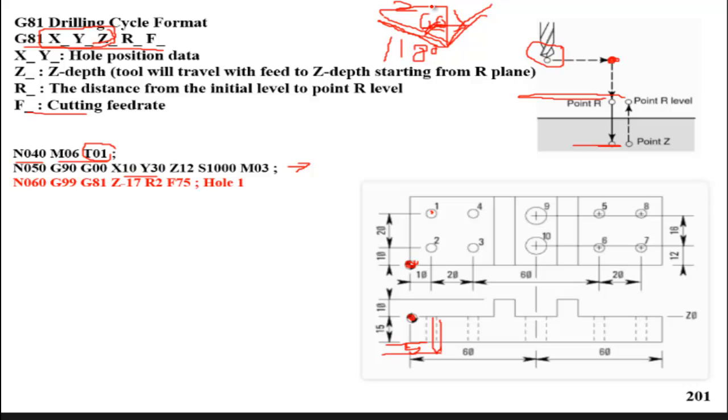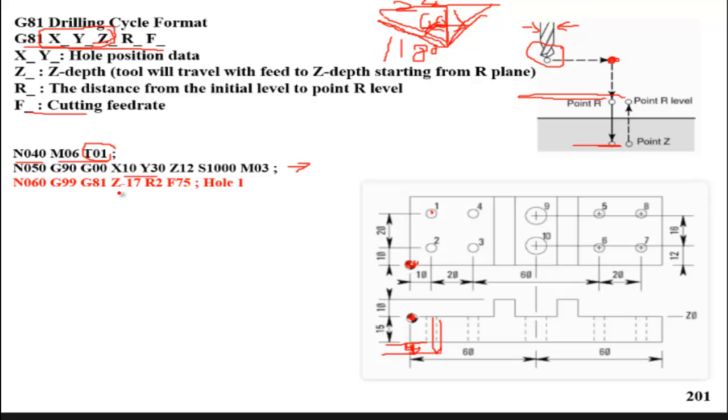If the diameter is 4, you should allow 1. So make it a rule of thumb that this allowance should be 1/4 of the drill diameter. So whenever we allow 2 millimeters, it means that this diameter is almost 8 millimeters. So make it a rule of thumb.